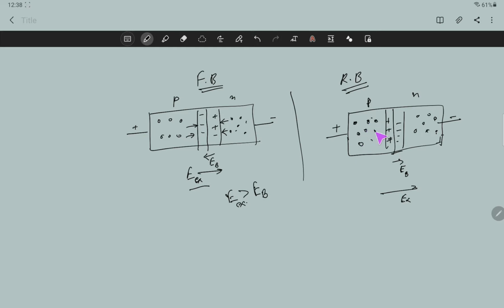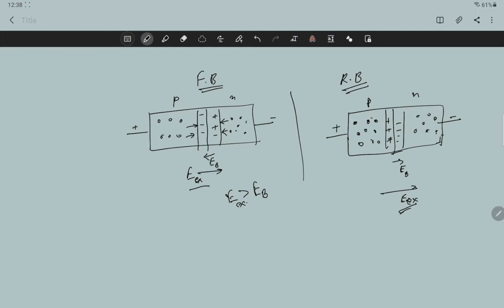When all holes are filled, the majority charge carriers will be finished. So ideally there will be no carriers which can flow current in the reverse bias direction, so ideally the current will be zero in the reverse bias direction up to some extent of this E external.